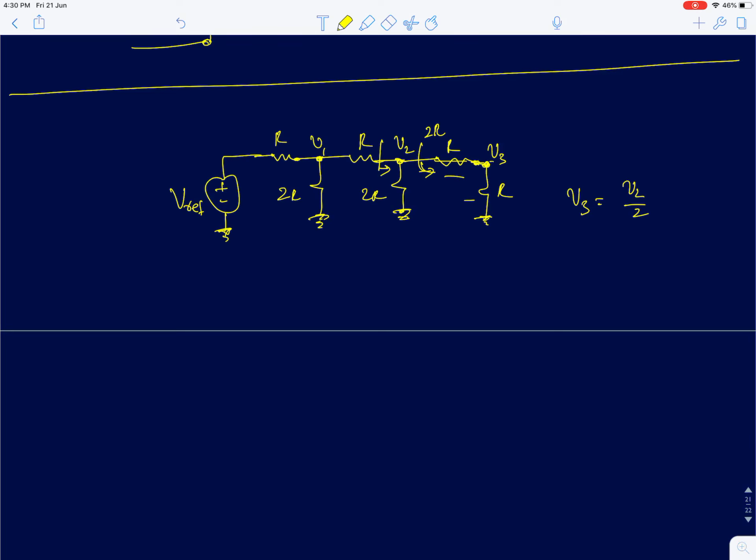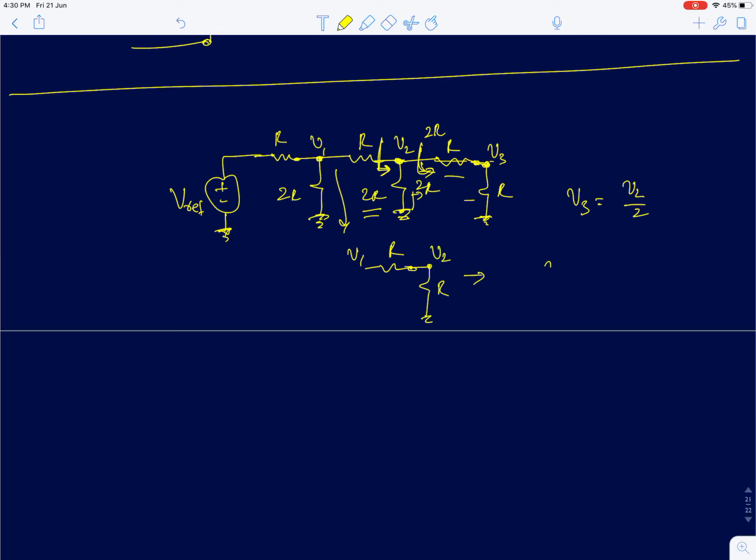It's a simple potential division. Both Rs are in series, you get this. Now to find V2, I'll see at V2 the resistance seen here is 2R in parallel with 2R, because the resistance seen here is 2R. So I'll just draw this part of the circuit. This is V1, this is R, and that reduces to 2R in parallel with 2R, that is R.